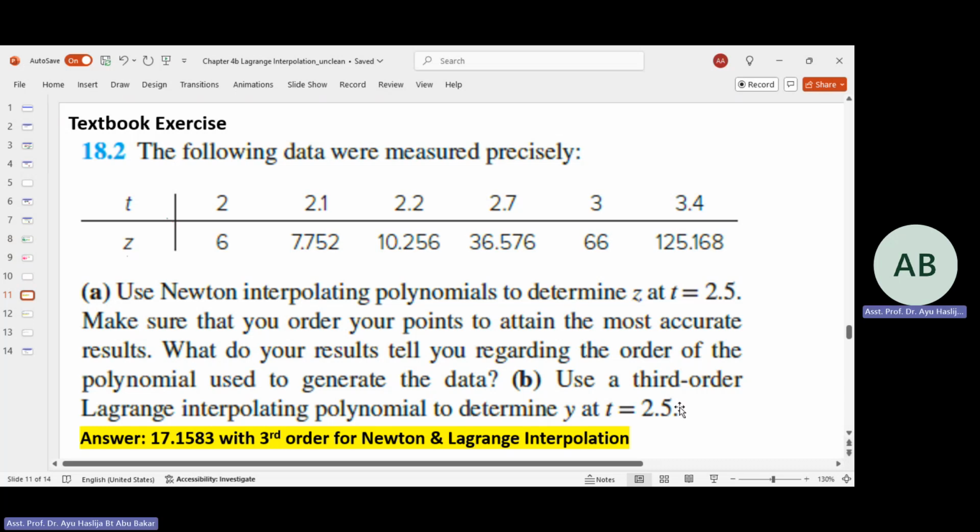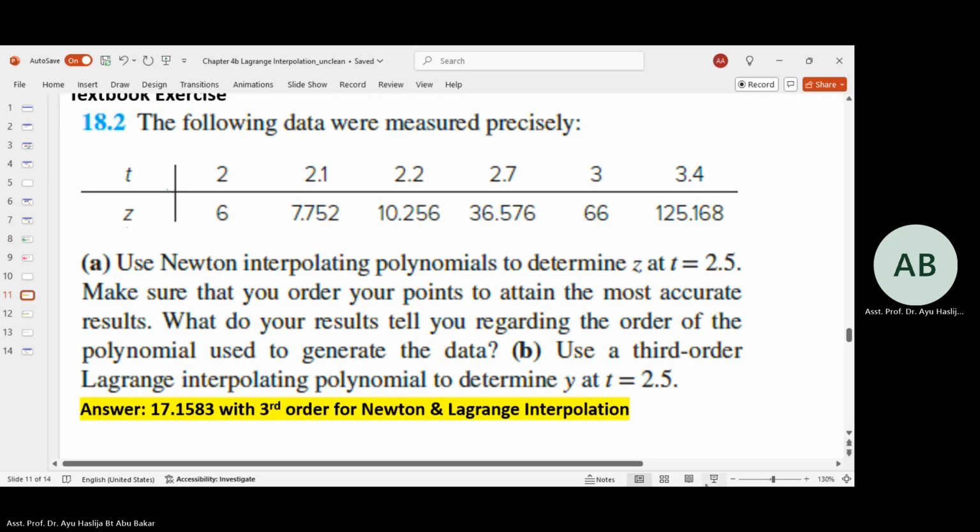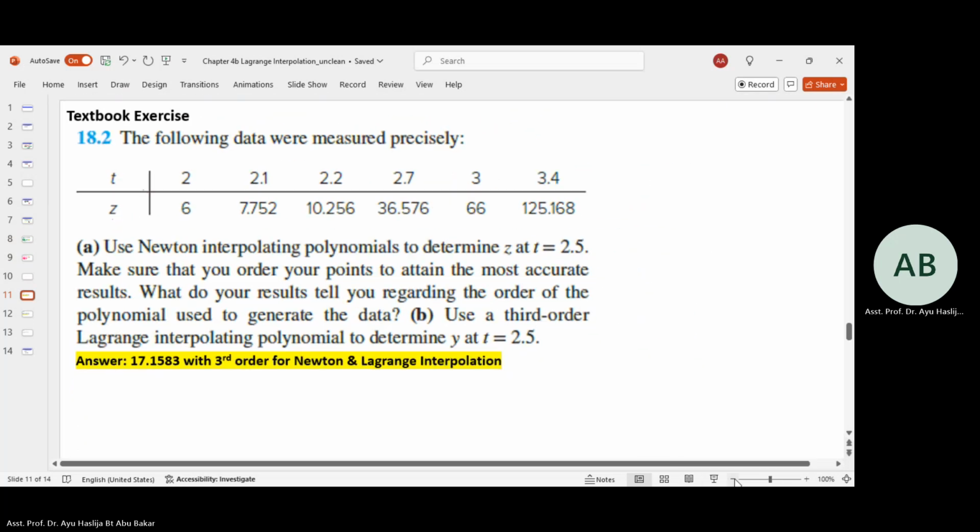Now we try this. Okay, this one, try to use both methods, Newton and Lagrange.